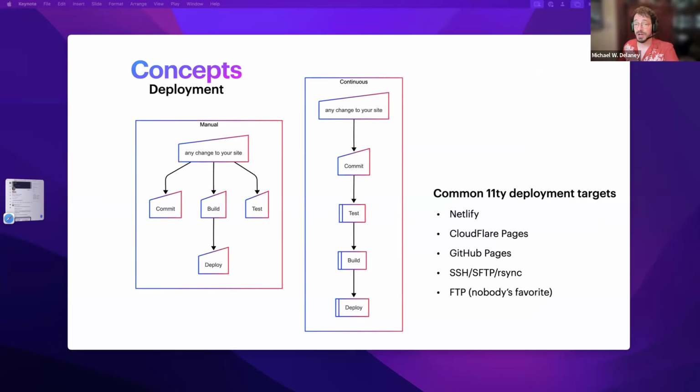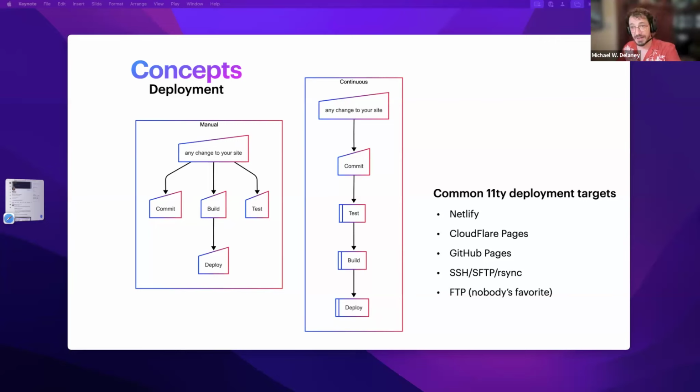This is a visualization of the difference between a manual deployment pipeline and a continuous deployment pipeline. And I have in my talking notes, discuss pitfalls here, which I can very happily do. On the manual side, we're talking about really any change you make to your site, you, the developer, then have to manually commit that change to GitHub or to Git, to version control if you're using that.